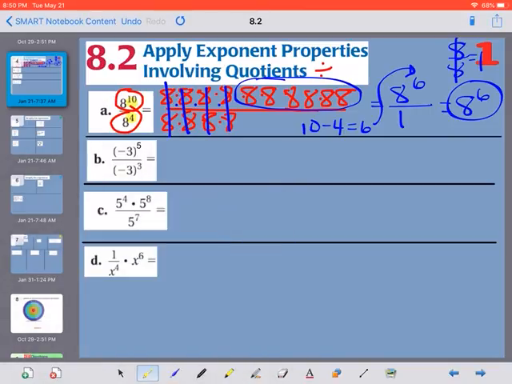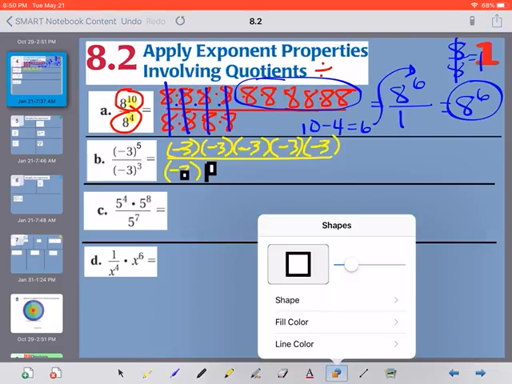Let's take a look at the second one. We have negative 3 5 times. So on the top of our fraction we have negative 3, negative 3, negative 3, negative 3, and one more negative 3. On the bottom we have negative 3 3 times.